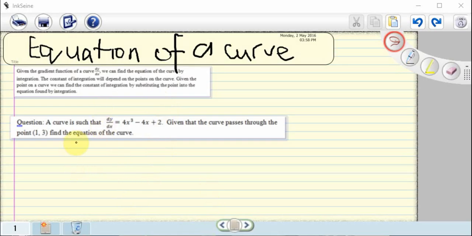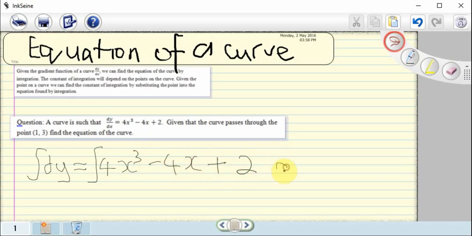So that's going to be, by separating variables, dy is equal to 4x cubed minus 4x plus 2 dx. Alright, let me use the brighter ink.